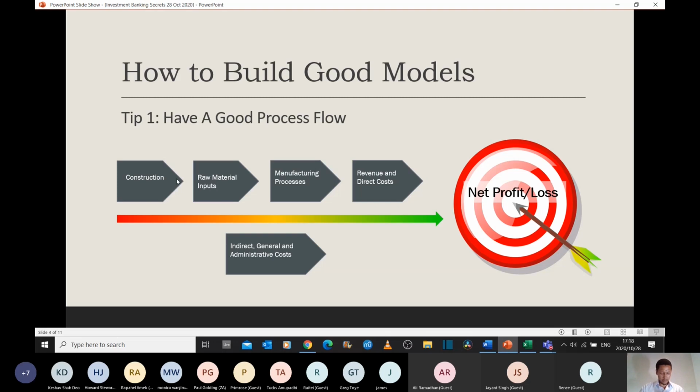So my first piece of advice for anybody who's starting on the building models journey is to make sure that each of these processes are on a separate worksheet or separate tab. I know some people, and some of the training courses I even attended when I was in banking, suggest that you have as much as possible on a single tab.